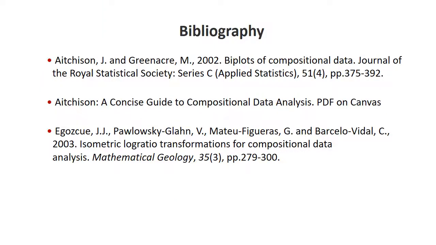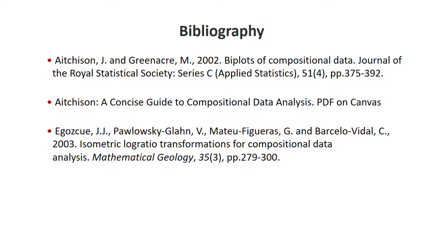So there are a number of interesting publications available to study this. First of all, there's of course the book by Aitchison, which is available online, A Concise Guide to Compositional Data Analysis. There's also the very interesting paper by the Barcelona group looking at log ratio transformations in a general sense.